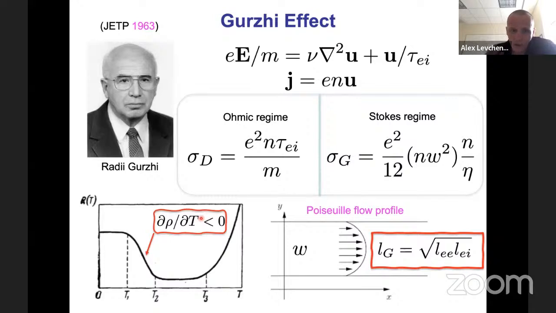But again, the whole spirit here is that you shouldn't think like this. You should think about this collective behavior of electron fluids. And I should remind you that in Fermi liquids, and I will elaborate in the next slide, viscosity is inversely proportional to the square of temperature. So you increase temperature, viscosity goes down, resistance goes down. So that is the essence of the Gurzhi effect.